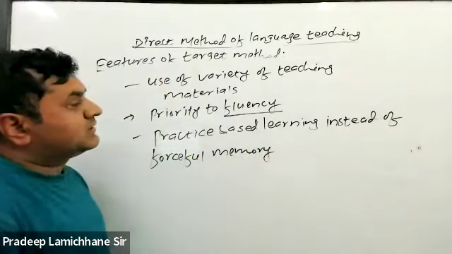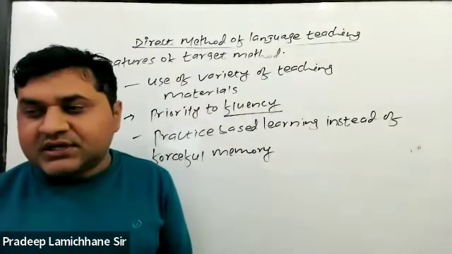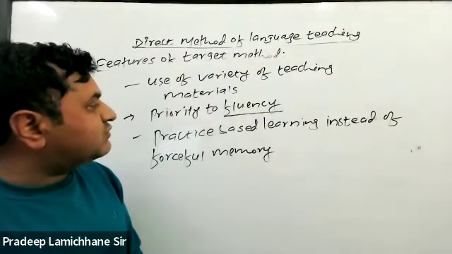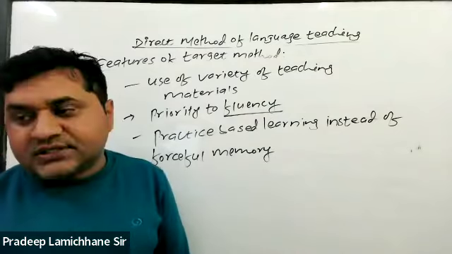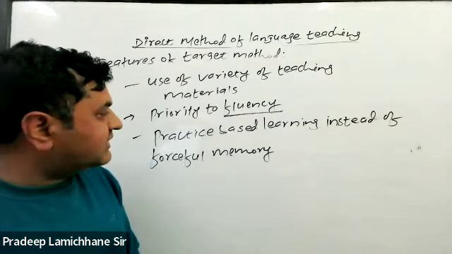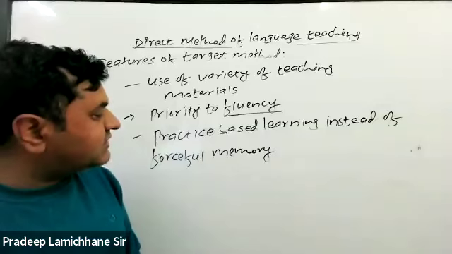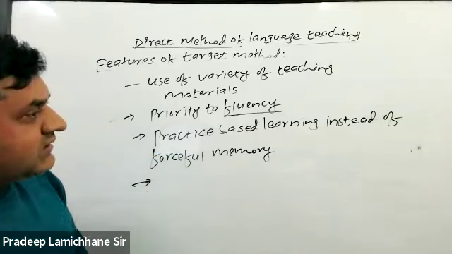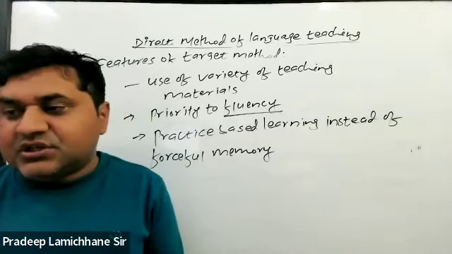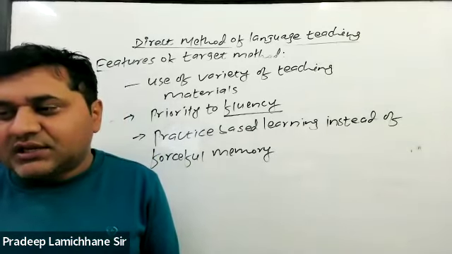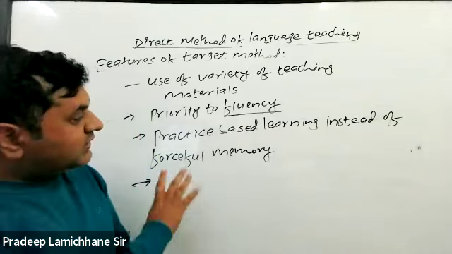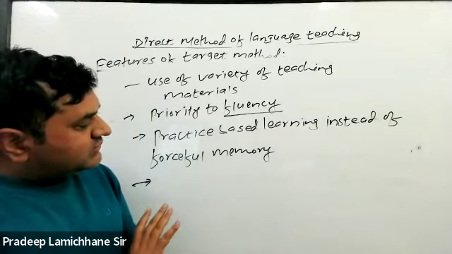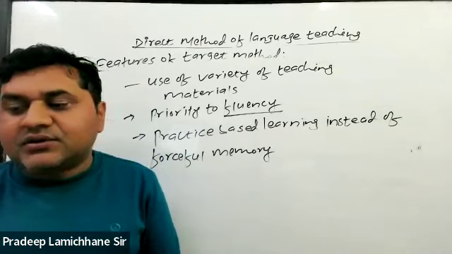Think about this. Variety of teaching materials are used in it. It gives priority to fluency. Practice-based learning instead of forceful memory. You have to say that in this direct method, there is no need of any kind of forceful memory.